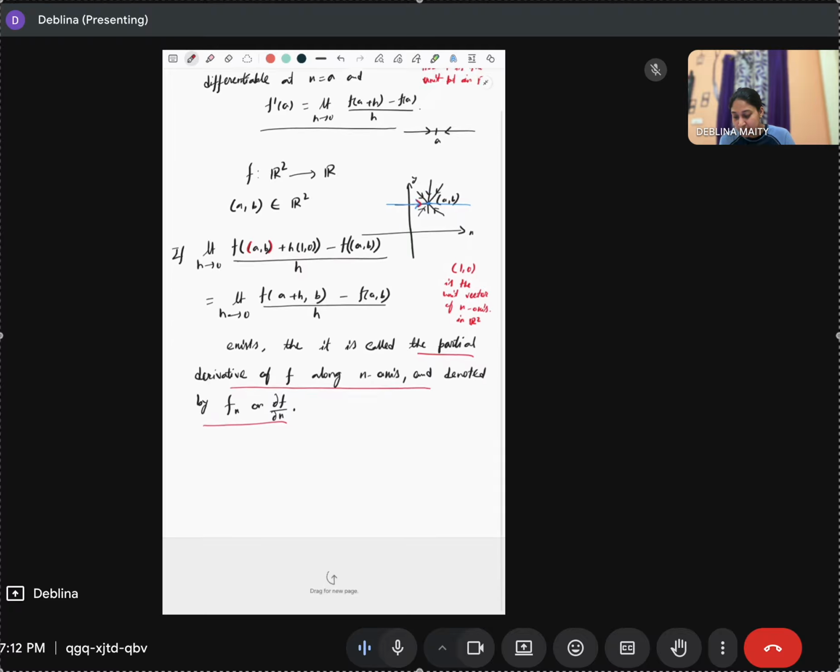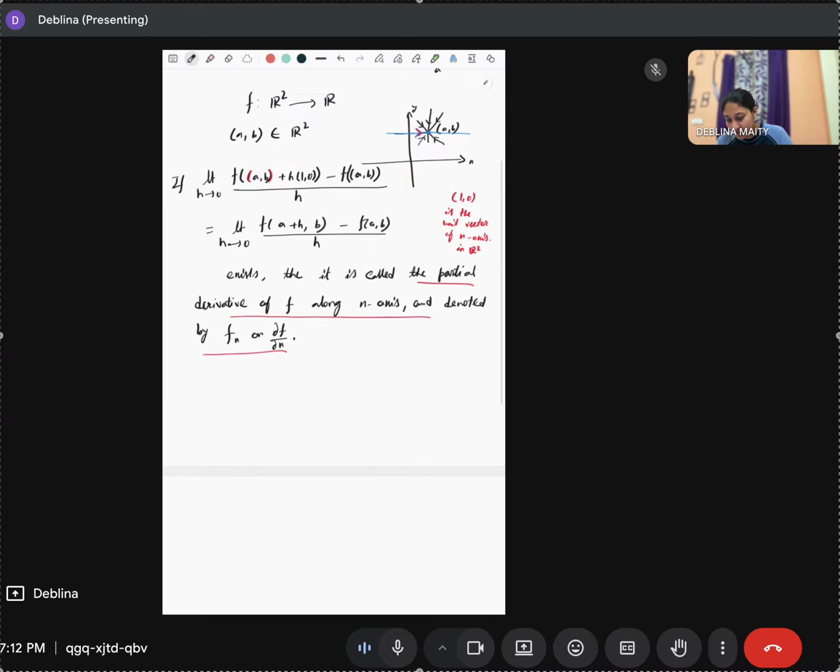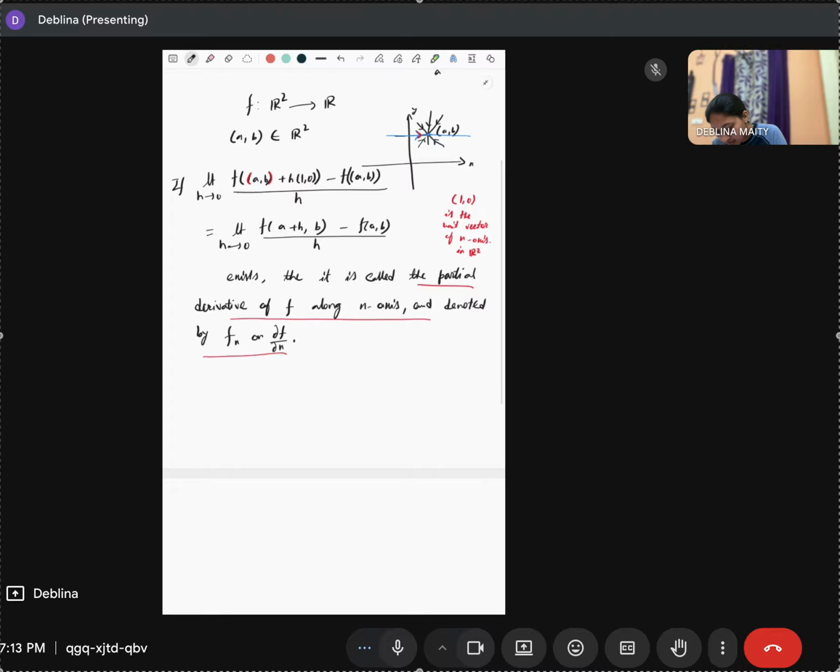Now similarly, the partial derivative along the y-axis is the limit as k goes to 0 of f of (a, b), the point, plus a small number k into the unit vector along the y-axis, which is (0, 1), so k into (0, 1), minus f of (a, b), by k.